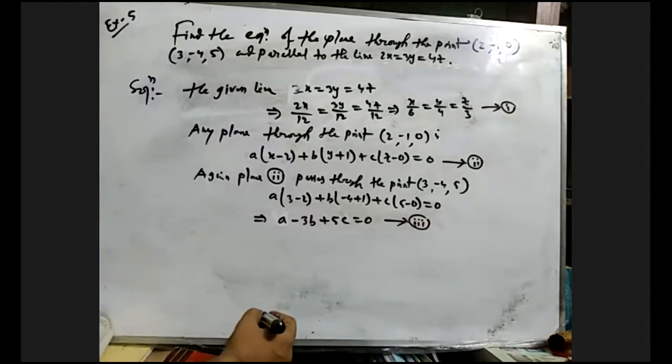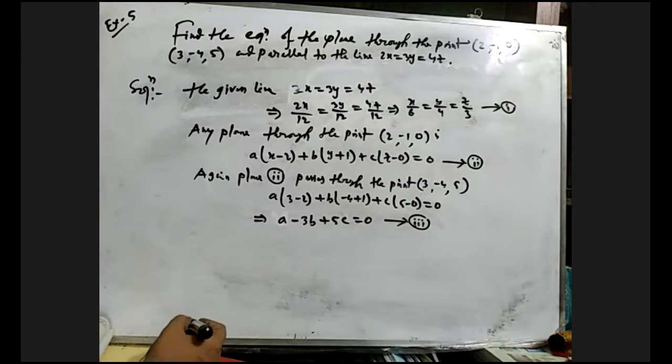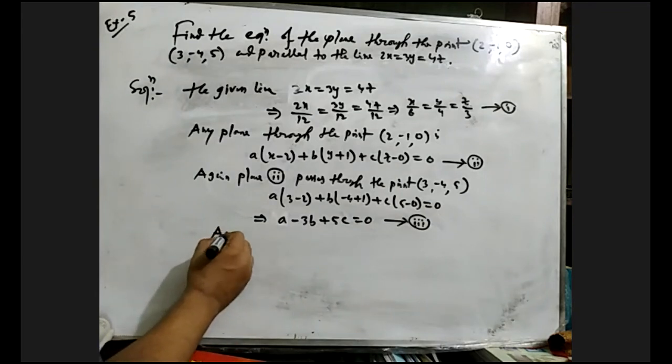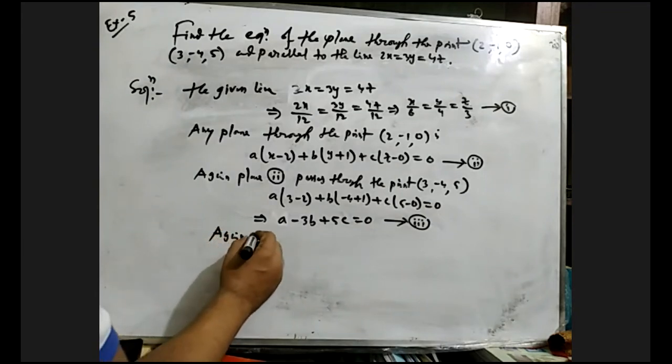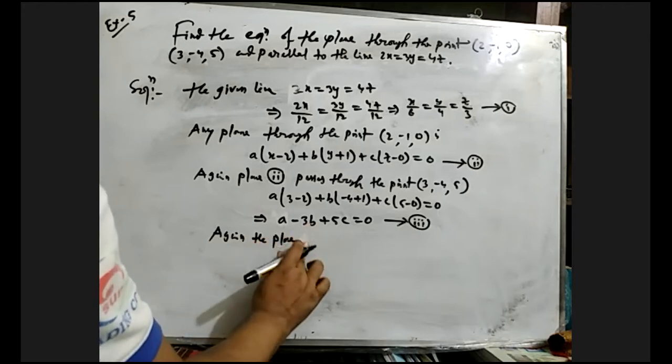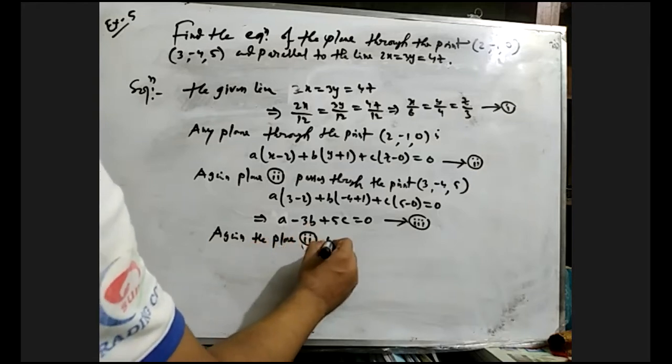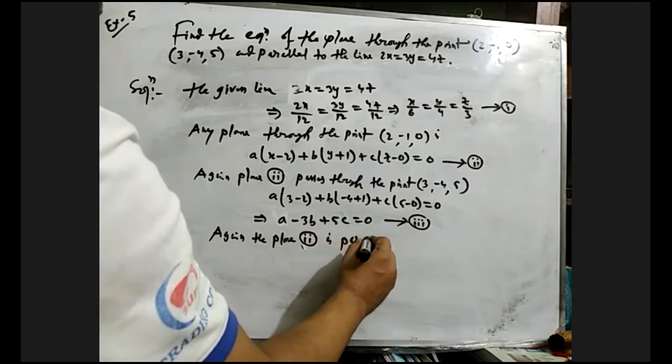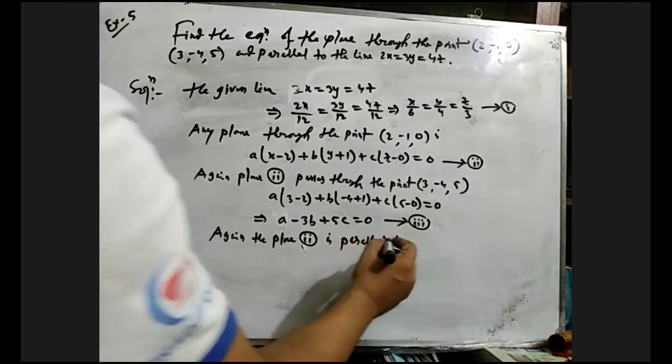Now again, the plane 2 is parallel to line 1.